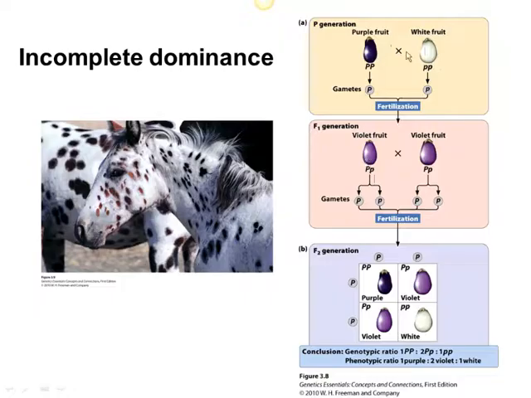If you think about Mendel and his initial belief in blending, this appears to be blending because dark purple and white makes light purple.